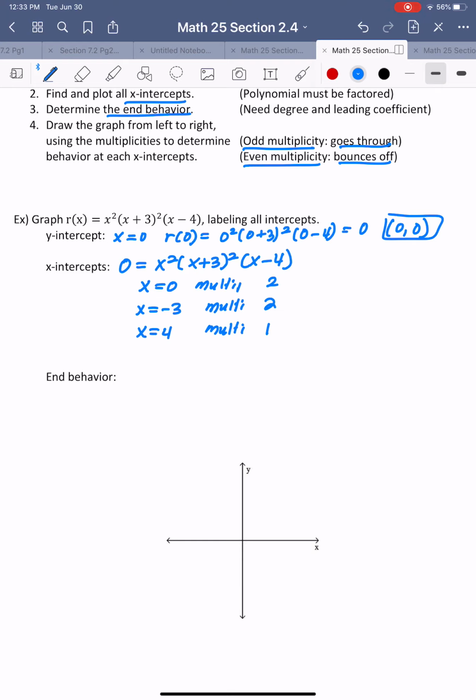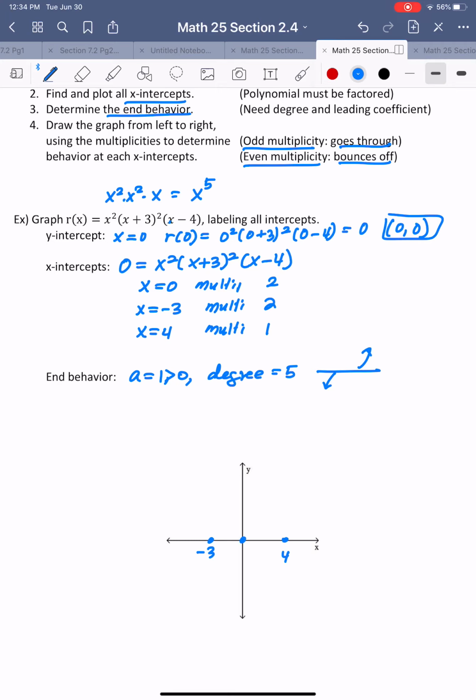For end behavior, I need to multiply x squared by this x squared and another x here. So it becomes x to the 5th, isn't it? So a is 1, which is positive, and the degree is 5, so we're going to have this shape. So we have 0, 0, negative 3, 0, and 4, 0.